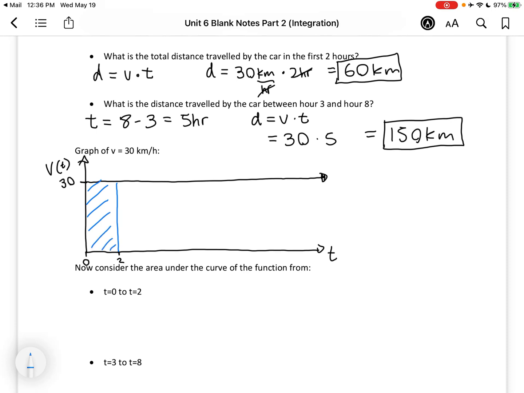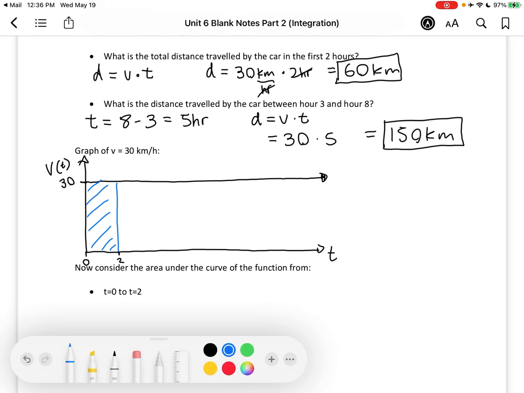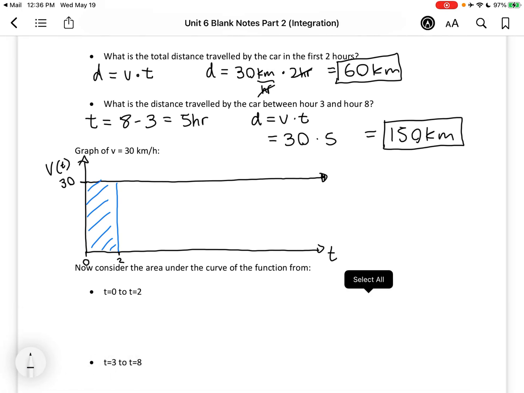We know that area is length times width. The length would be the 30, and the width would be the 2, because it's 0 to 2, which is a width of 2. And that gives us an area of 60.